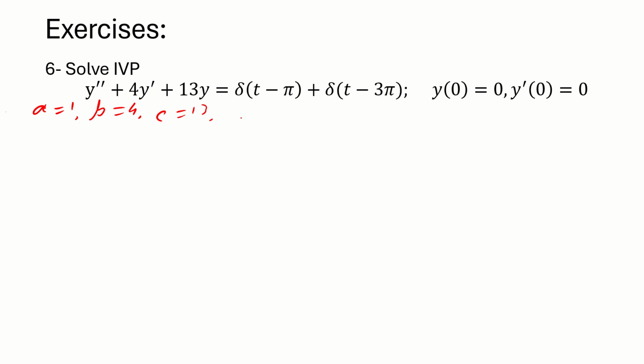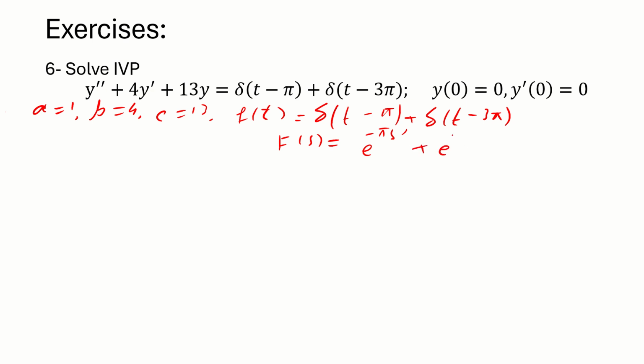Now, f of t is the sum of two Dirac deltas, delta(t minus pi) plus delta(t minus 3 pi). So that basically means f of s is e power minus pi s plus e power minus 3 pi s.